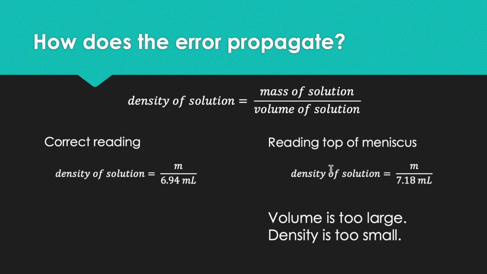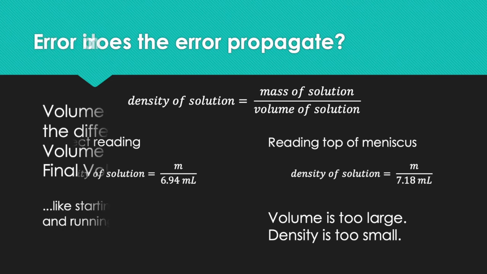Larger denominators make a smaller result for the density. If the volume is too large, then the density that we calculate from that volume is going to be too small. So it's not usually good to make a generalization like, oh, it's too big and everything's going to be too big. Well, sometimes something that's too big makes other things too small.